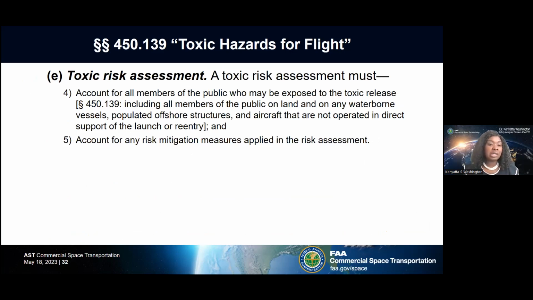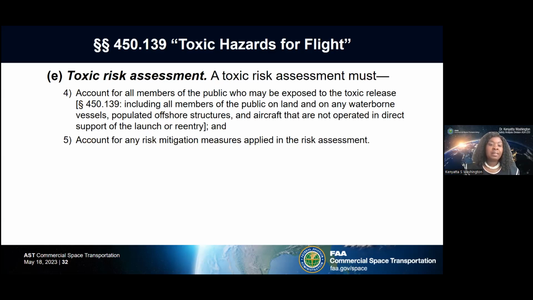In continuation, the toxic risk assessment should account for all members of the public who may be exposed to the toxic release. This should cover public on land or on any waterborne vessel, populated offshore structures, and aircraft that are not directly involved in the licensed launch or reentry operation.